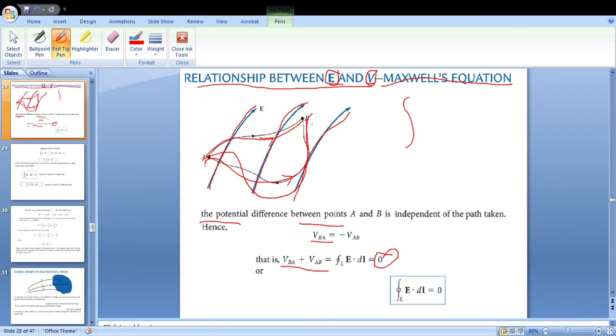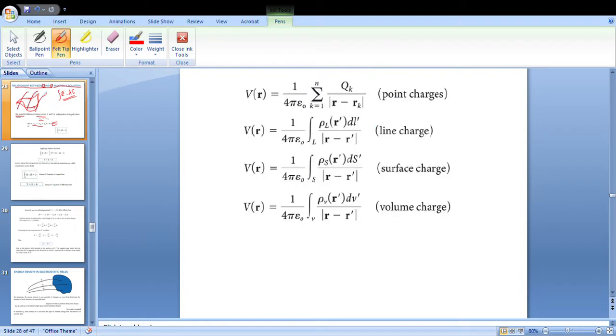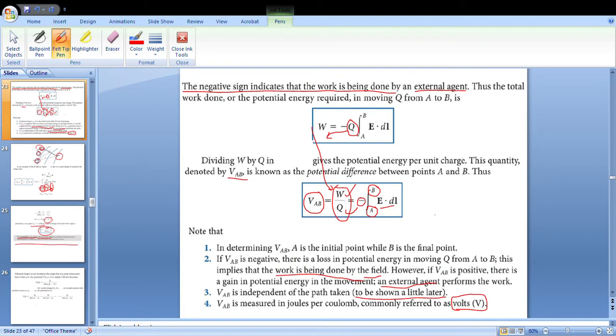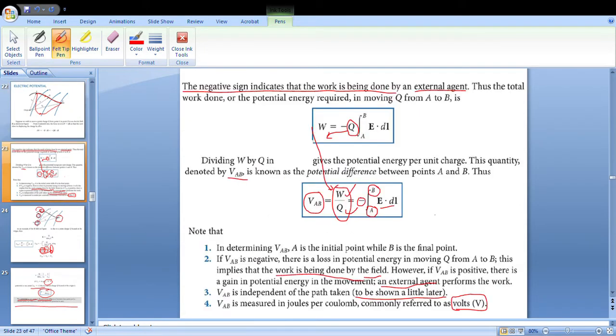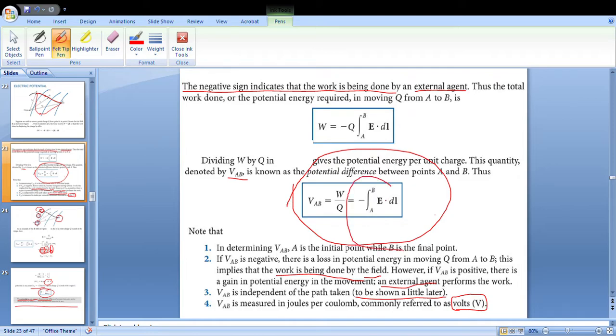Now here, what you have to note is, what is this equation? We have E vector dot dl vector. We have discussed this in the beginning of the class. So here I am showing you again the potential difference equation, that is E vector dot dl vector.